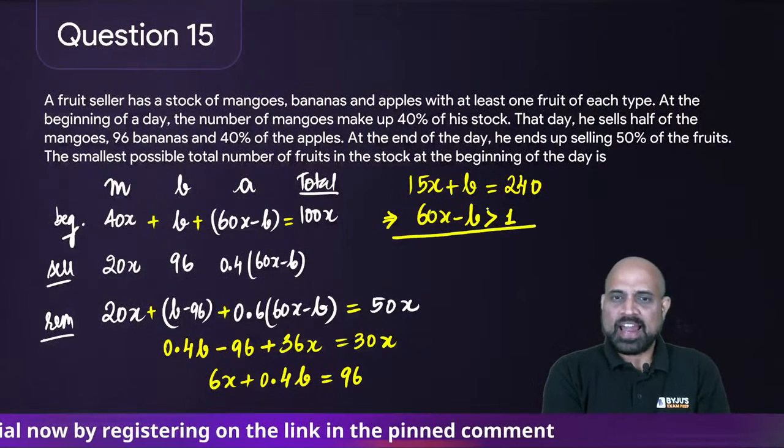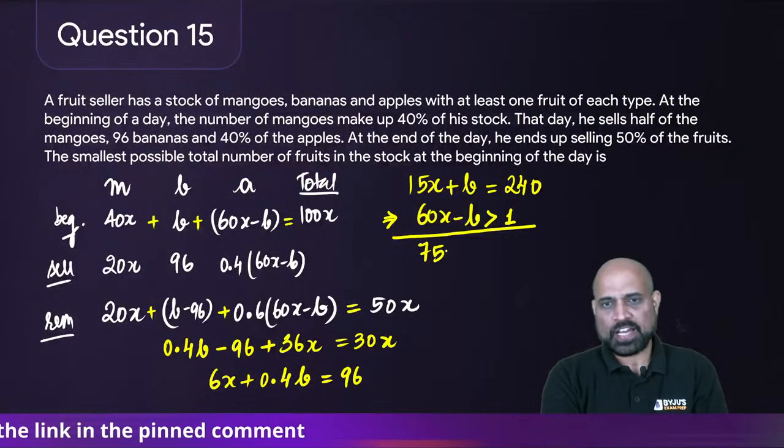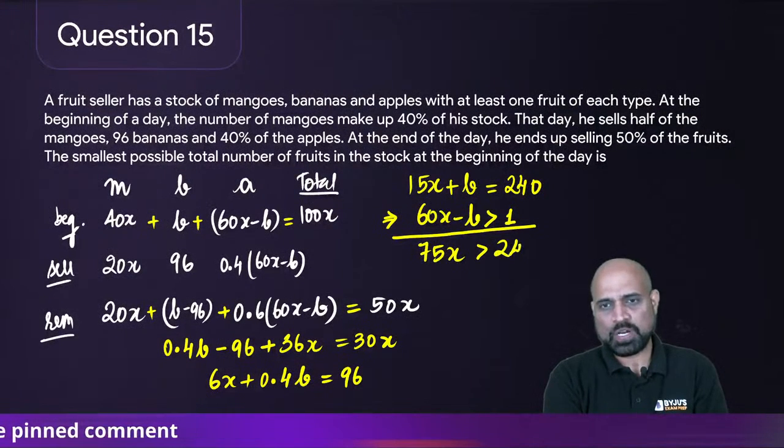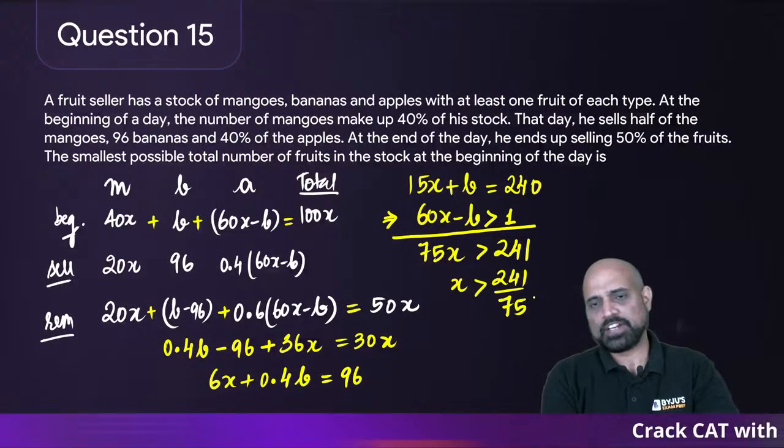I think if we add this, we will be getting 75x should be greater than 241, and x should be greater than 241 by 75.